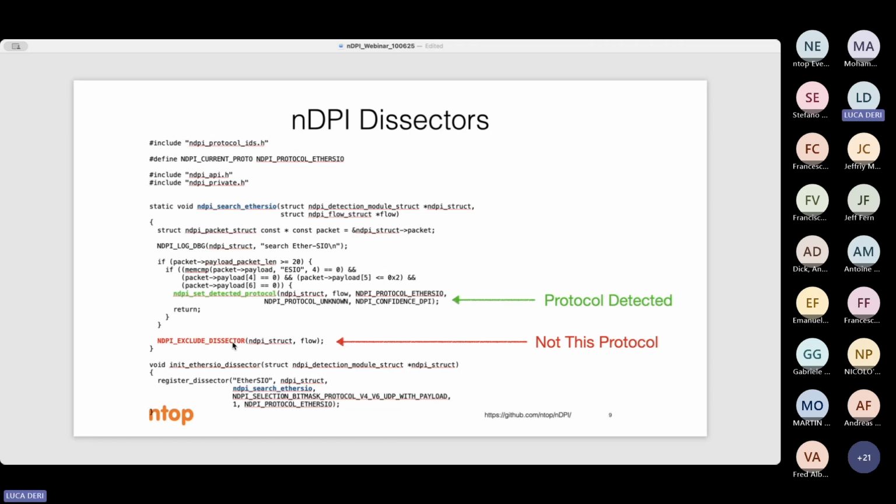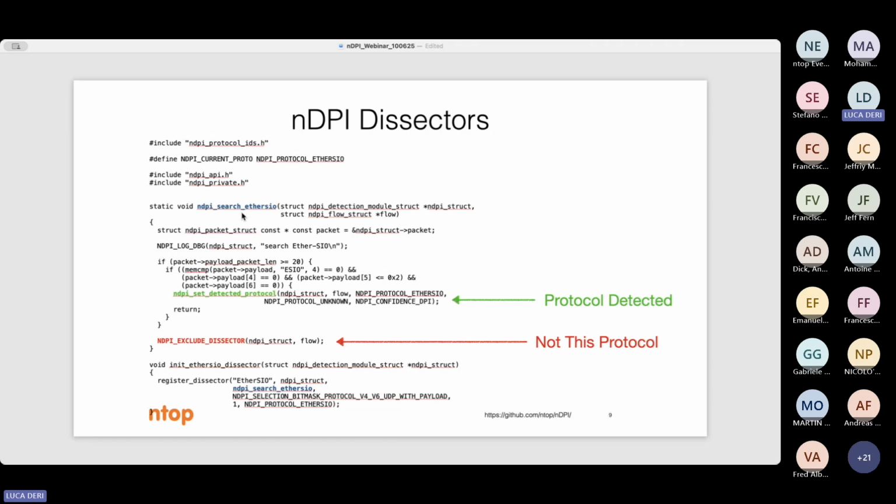These two calls tell the nDPI engine that we are done. In the first case, we have detected the protocol, or in the latter case, this protocol is for sure not headers.io, so move to the next dissector and don't consider this dissector for this flow anymore, because this one will not match.